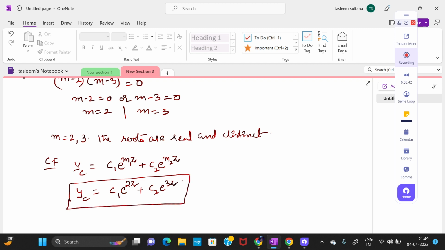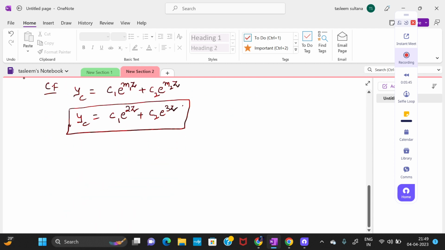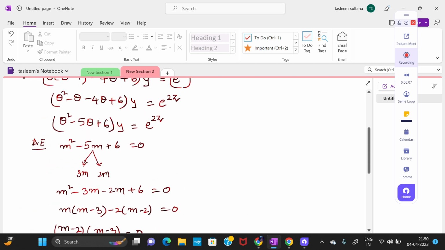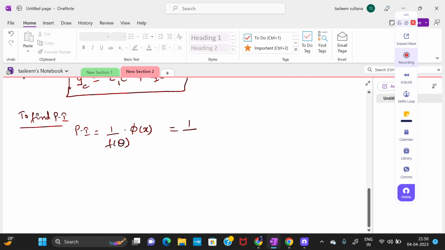Now we'll go for finding our PI. PI equals 1 by f of theta into phi of x, which is 1 by theta square minus 5 theta plus 6 into e to the power of 2z.